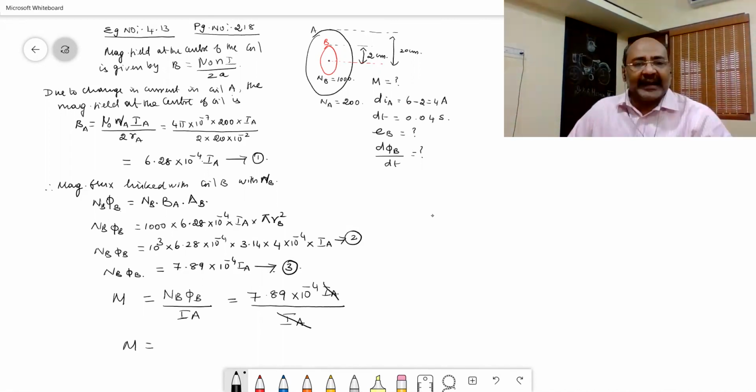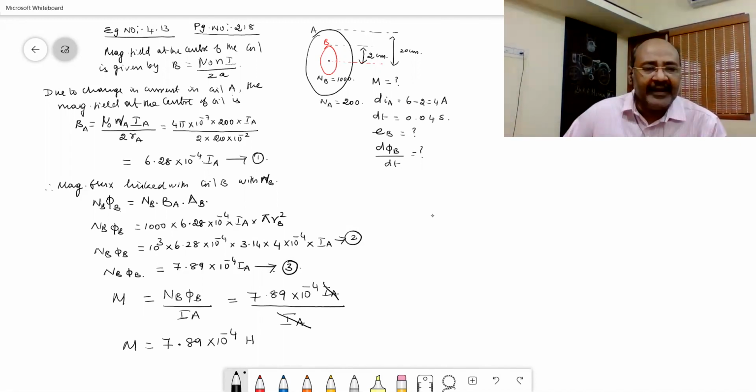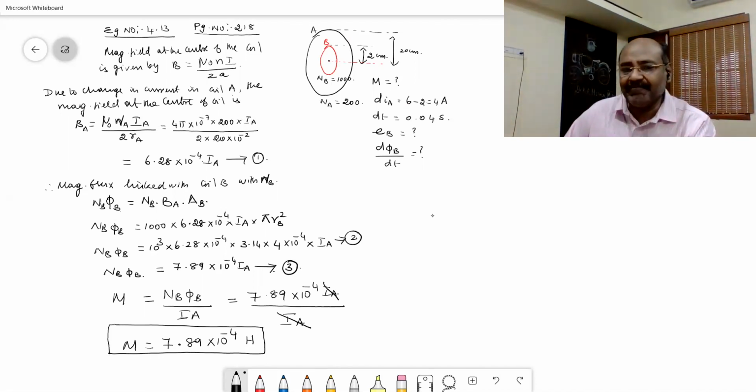So the mutual inductance M is equal to 7.89 into 10 power minus 4 Henry, between the two coils A and B.